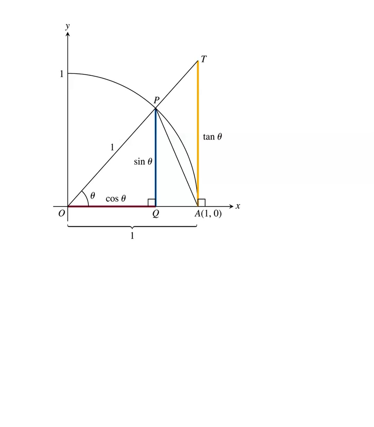So if you look at triangle OPQ, this is the triangle. And then we want you to consider sector OPA. It's a sector, a portion of a circle. It's like a pizza slice, you can think of it as that with a curve. And then we have triangle OTA, the one with the yellow side.